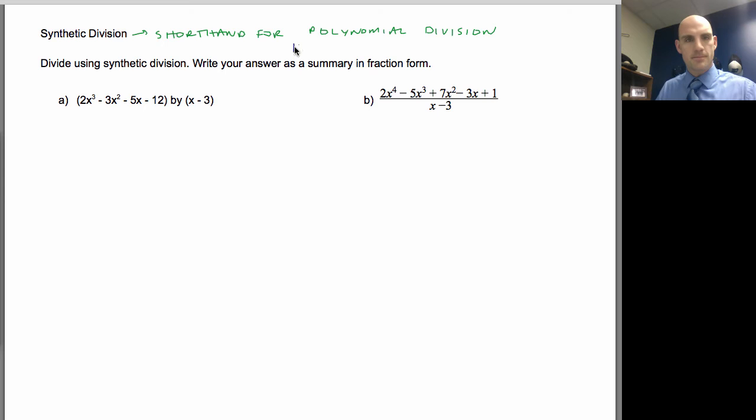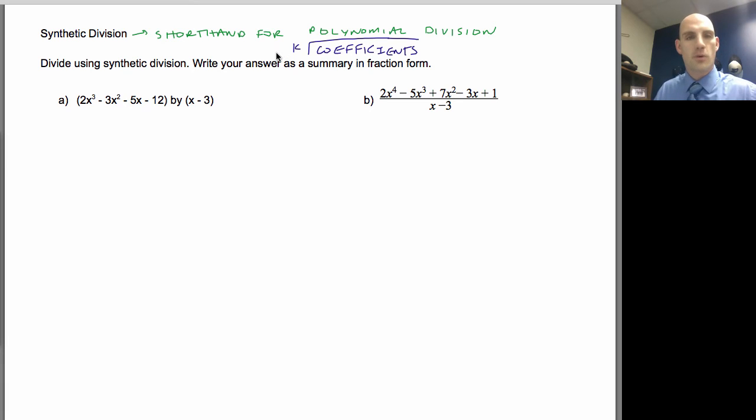My k is going to go on the outside, and my coefficients are going to go on the inside. You're probably thinking, what is k? Where the heck does that come from?